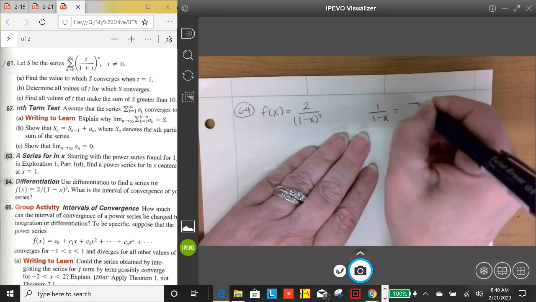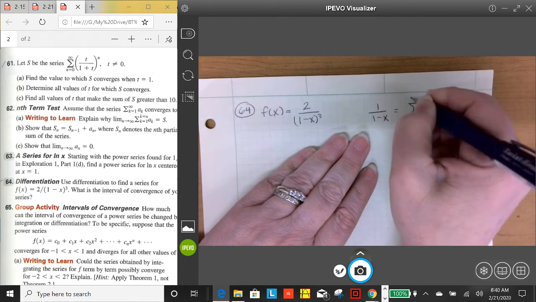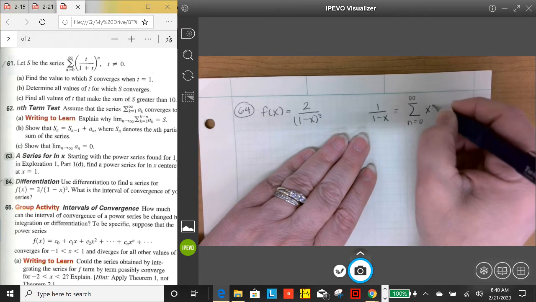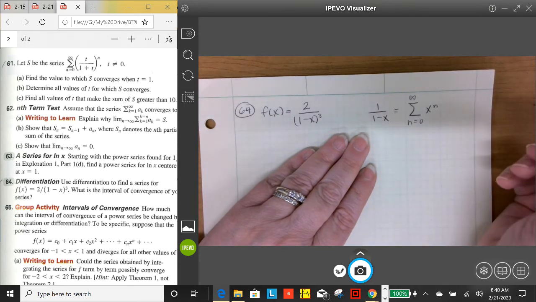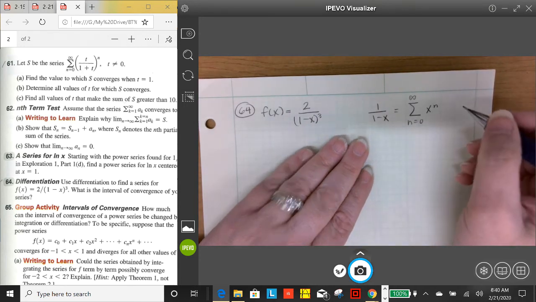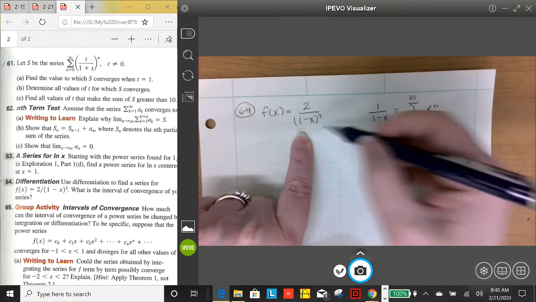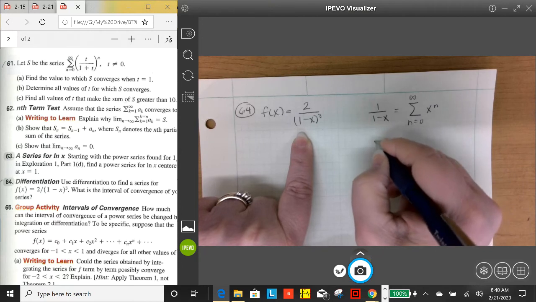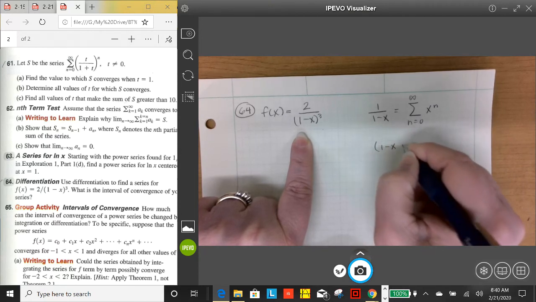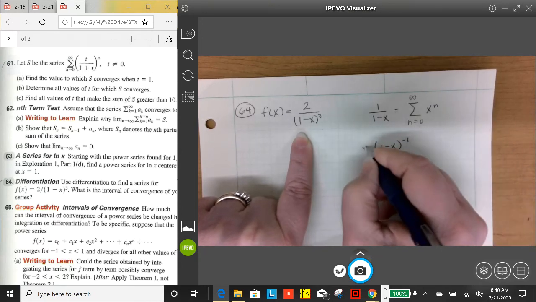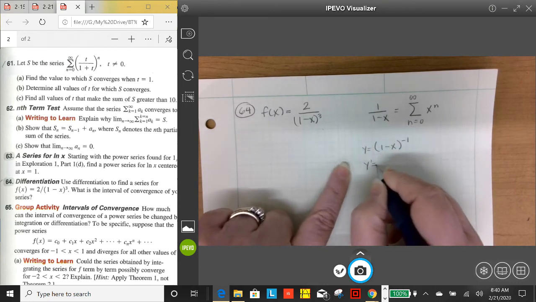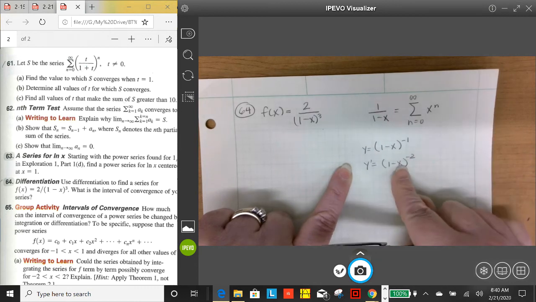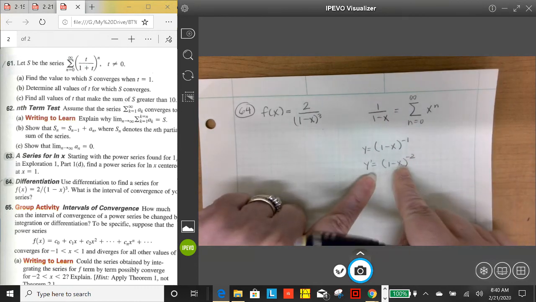And we know that that one is the sum from n equals 0 to infinity of x to the n, right? Because it's 1 plus x plus x squared, and so on. And this looks like it could be some kind of derivative of this one. All right, so let's say I have 1 minus x to the negative 1 is my y. And y prime is going to be then negative 1 times 1 minus x to the negative 2 times the derivative of the inside, which is negative 1, right?